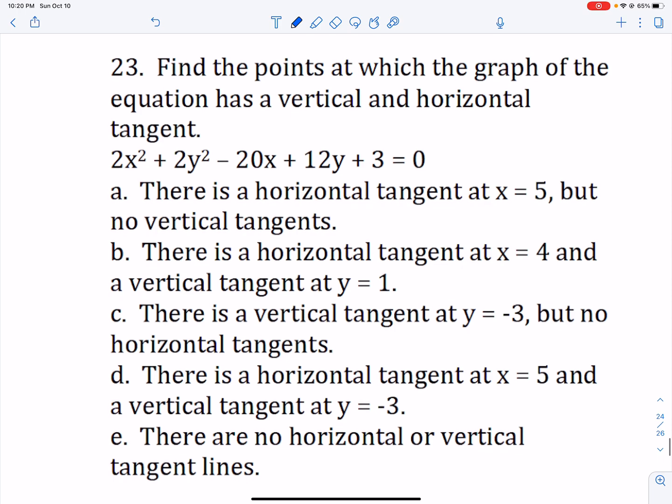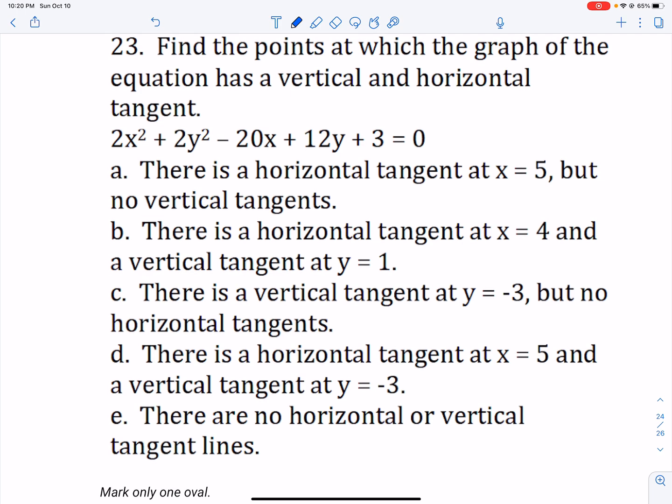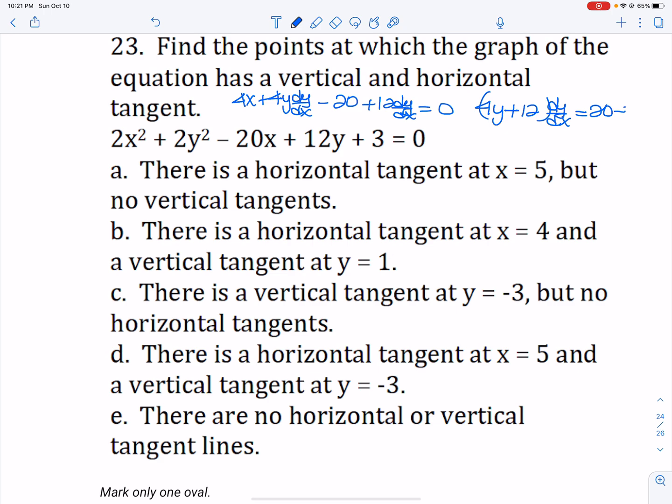Okay, so for a vertical and a horizontal tangent, you have to take a derivative. 4x plus 4y dy dx. Minus 20 plus 12y dy dx is equal to 0. So now I have 4y plus 12 dy dx is equal to 20 minus 4x, so dy dx is equal to 20 minus 4x over 4y plus 12.